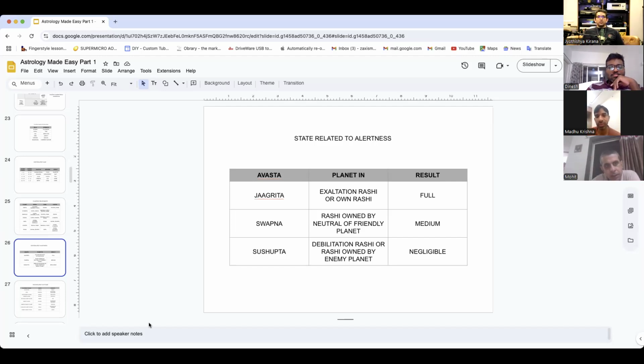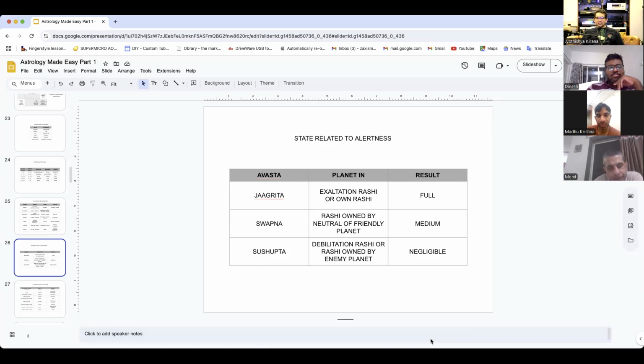If you add something else like active to it, he is Sushupta but also active. Difficult to imagine. Let us say in Sushupta Avastha but in Ucha. Difficult to imagine.